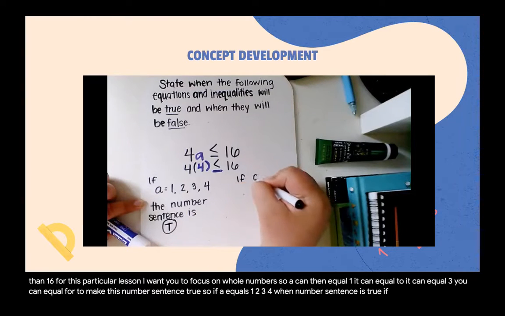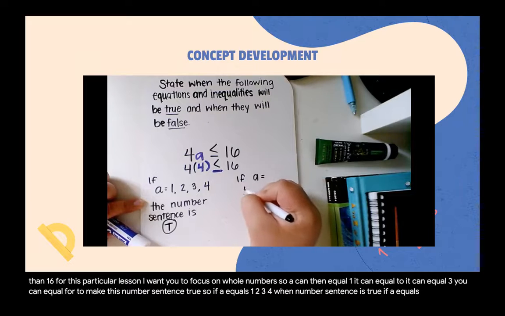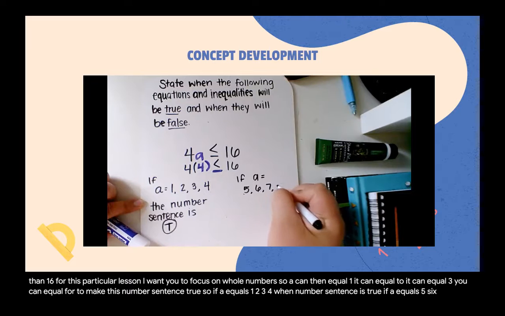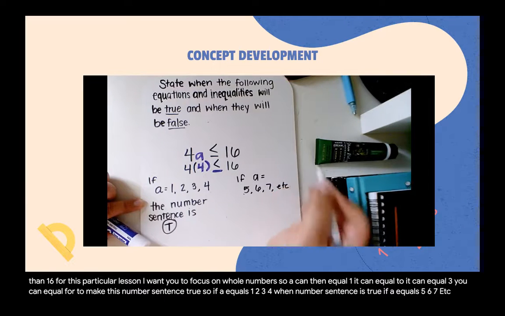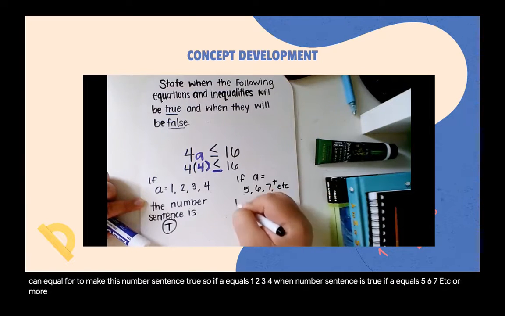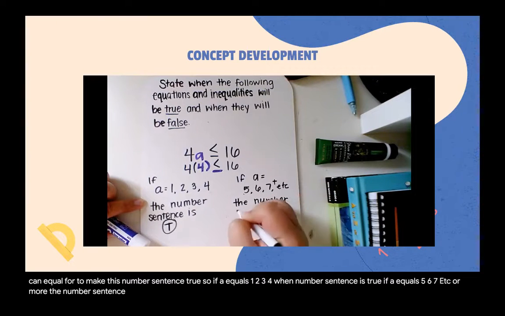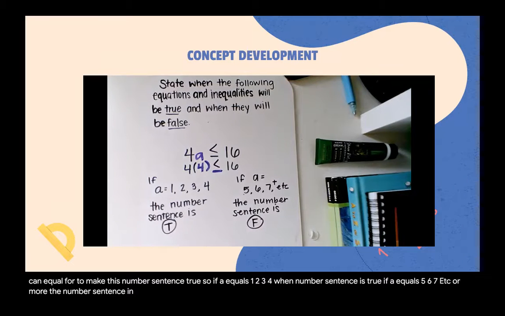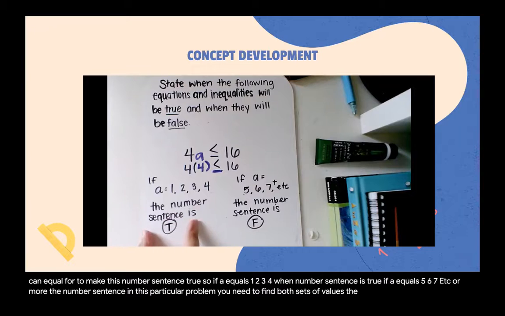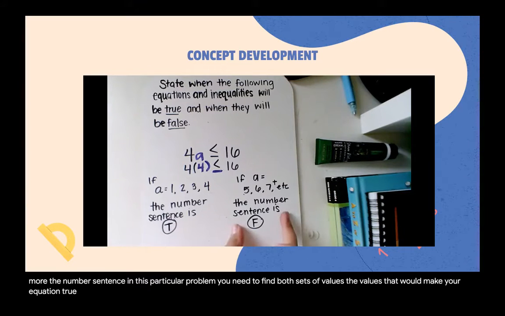If a equals 5, 6, 7, etc., or more, the number sentence is false. In this particular problem, you need to find both sets of values. The values that would make your equation true and the values that would make your equation false.